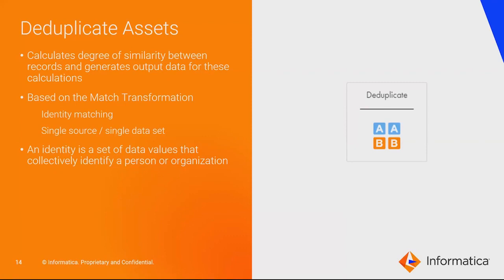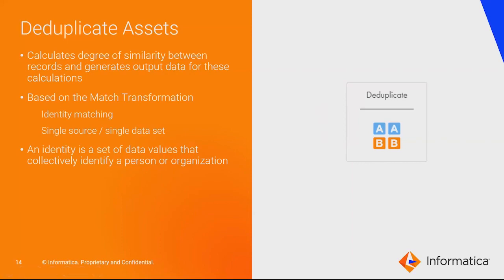And it does the matching based on identity matching on single source data sets. And here, identity is just a set of data values that collectively basically identifies the person or organization.